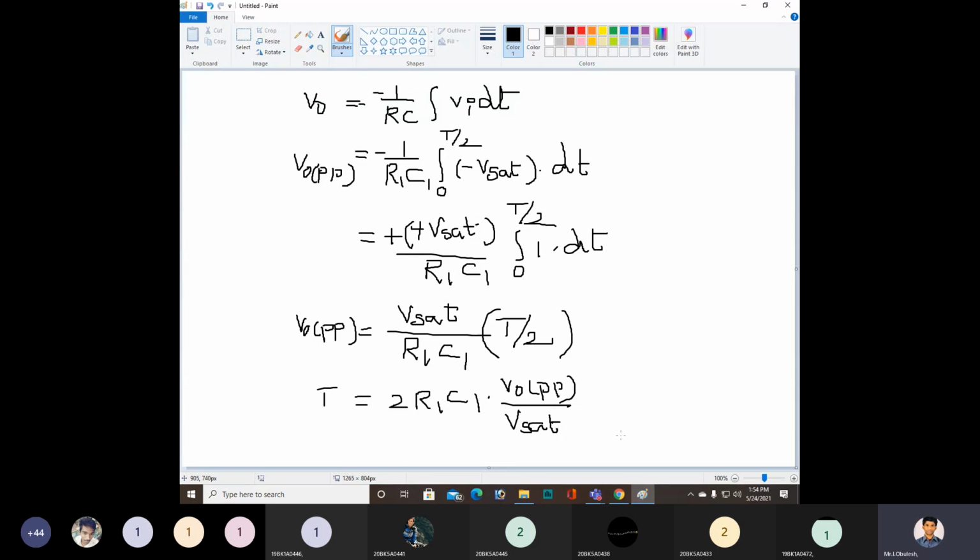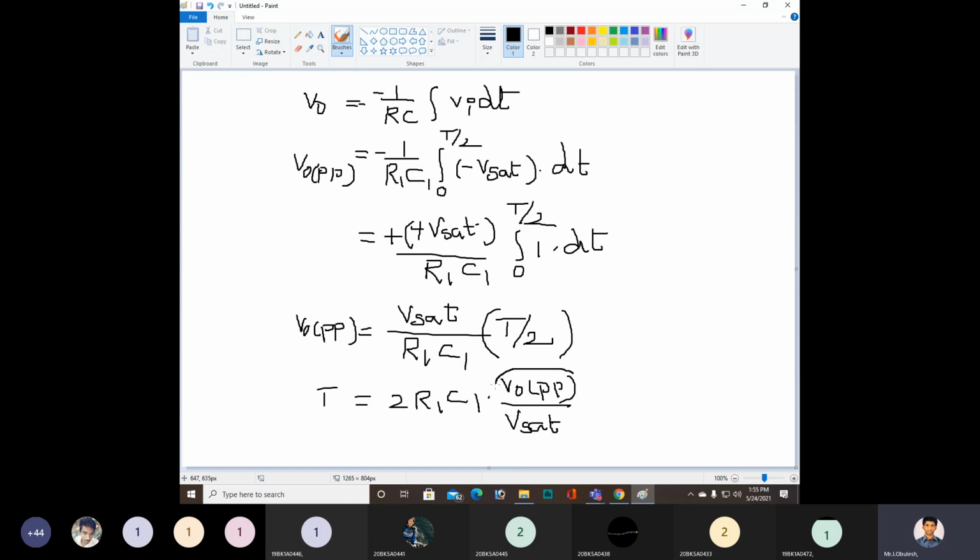Substituting the V naught PP value in this equation. You have the V naught PP value, right? 2 R2 by R3 into V saturation. You have that value, right?